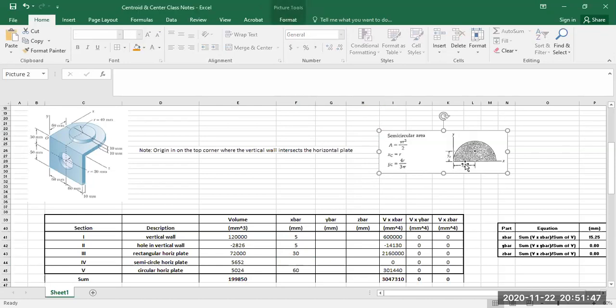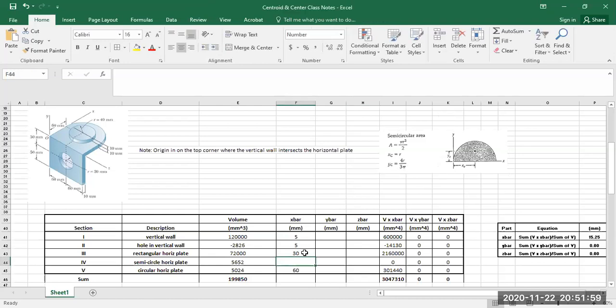Okay, in order to find the centroid, y sub c, because I'm going along the x-axis, it's 4r over 3 pi. So let's go back to this one.